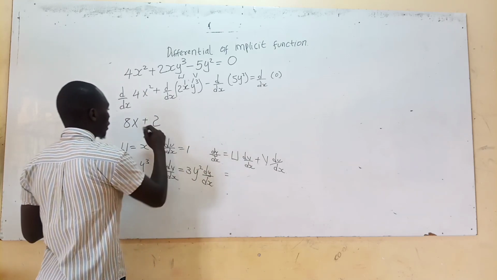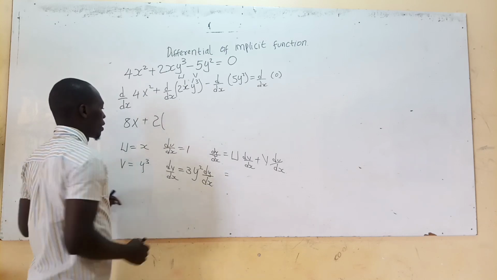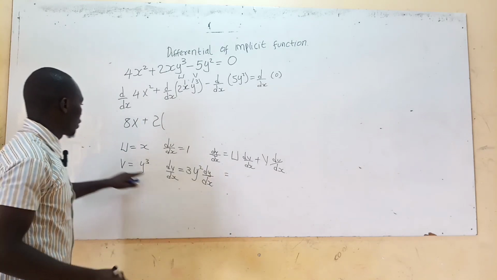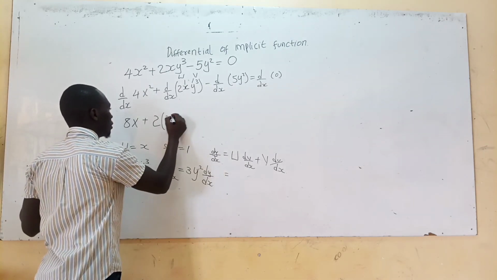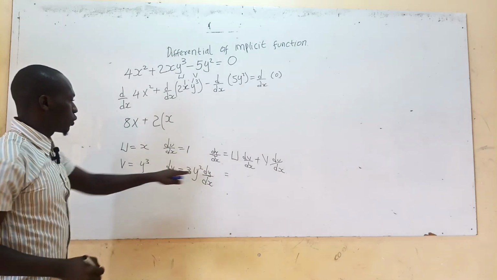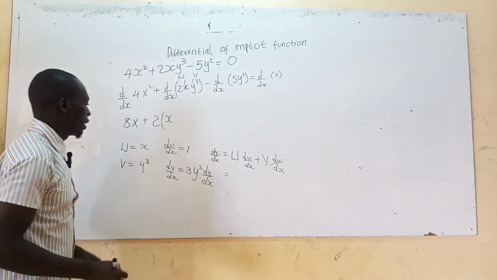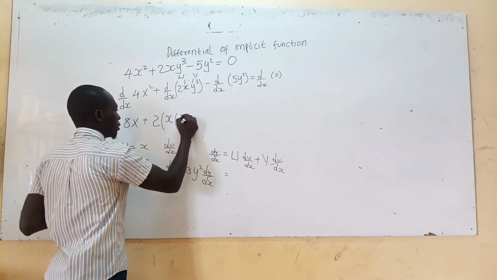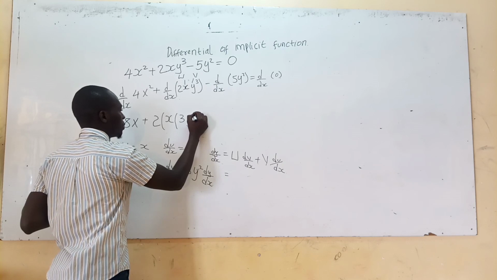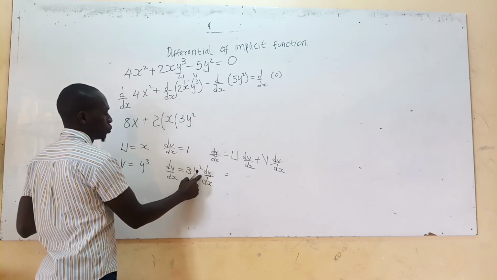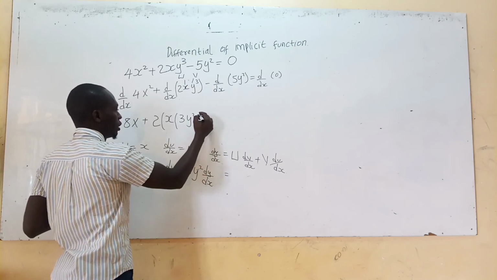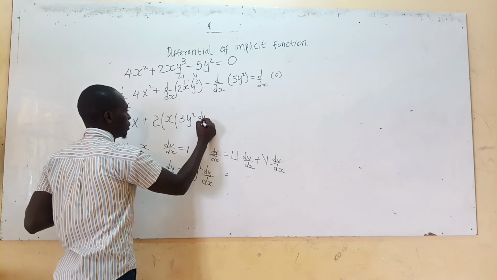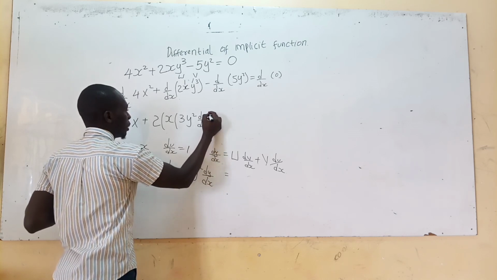so here you can come and write it here. We understand that our u is equal to x. Our term of dv with respect to dx, we are going to have 3y squared. Since it was implicitly differentiated, we are going to have dy with respect to dx.